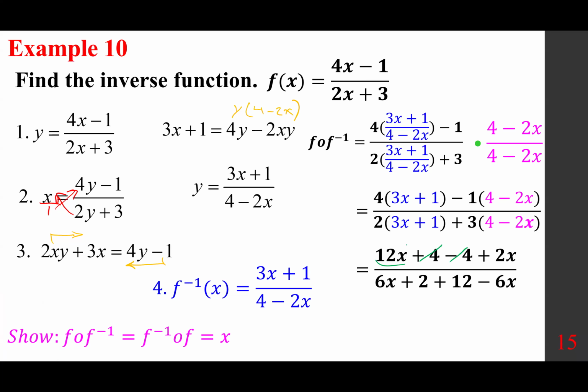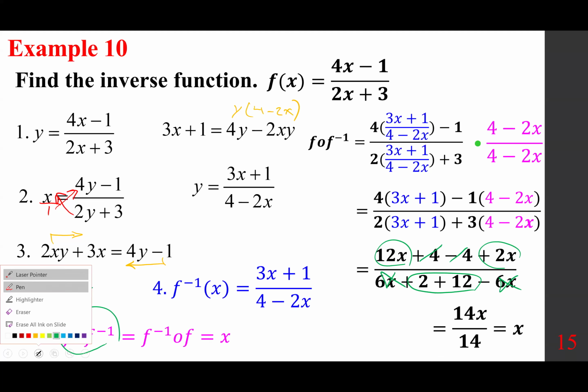These two cancel each other. They add up to 14x. These two cancel each other. They add up to 14. 14x divided by 14 is x. And we proved this one is x. I highly recommend for practice you try this one.